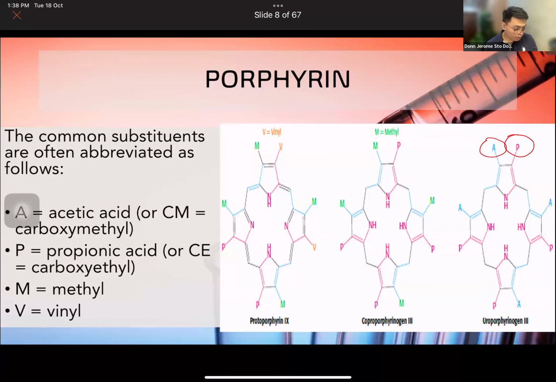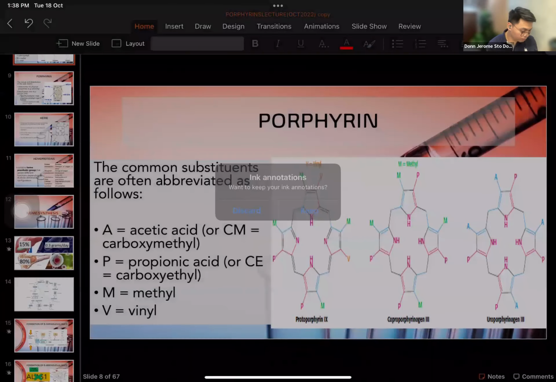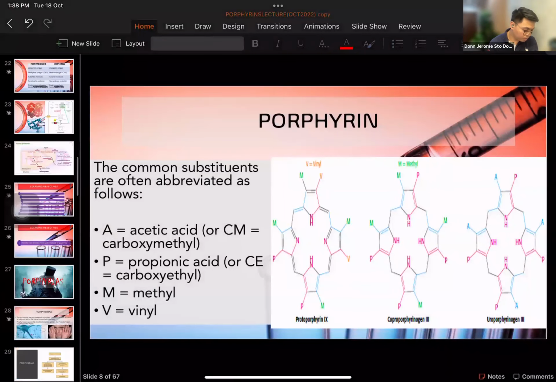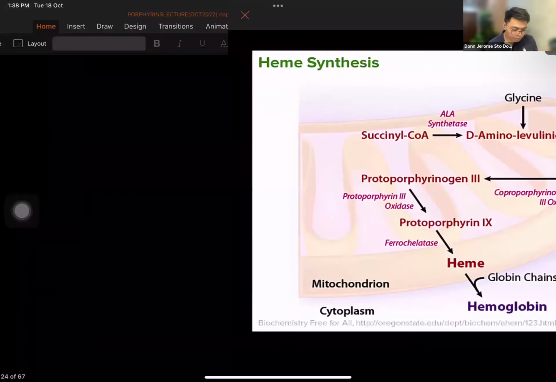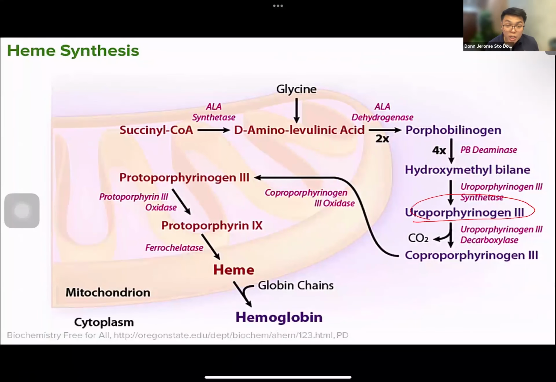Your uroporphyrinogen originally contains acetate side chains. But by catalysis of your uroporphyrinogen decarboxylase, all four of these acetate side chains are converted to methyl side chains. Okay, so, kuha po. O, diba? 4 acetate and 4 propionate side chains.